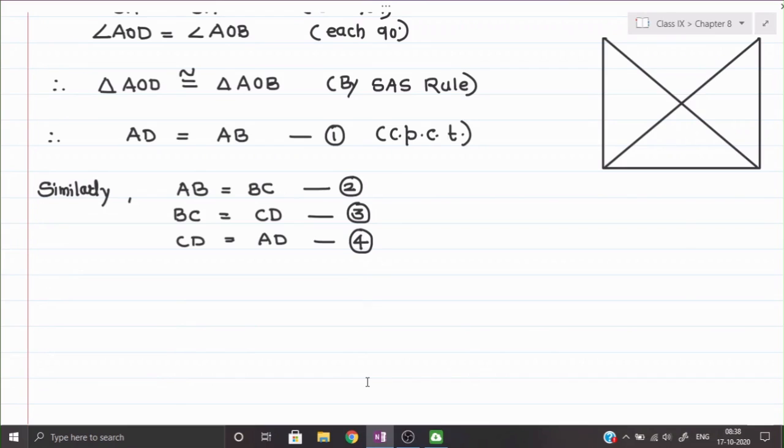You can see AD and AB are equal, AB and BC are equal, BC and CD are equal, and CD is again equal to AD. So if you conclude, all 4 sides are becoming equal.